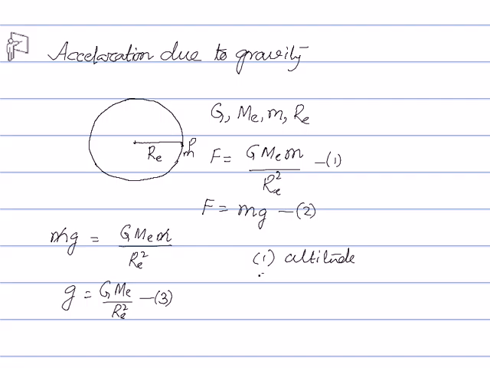It changes with depth, and it also varies with latitude. So we will analyze one by one. First of all, let us analyze how acceleration due to gravity changes with height.